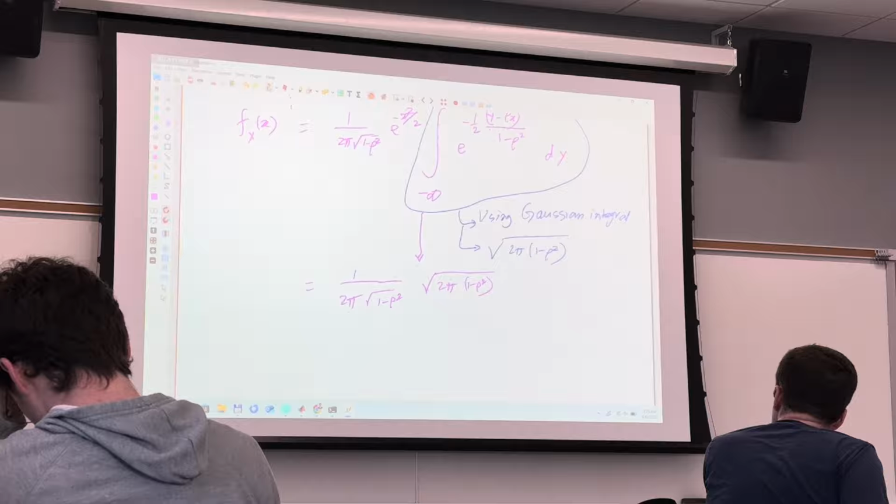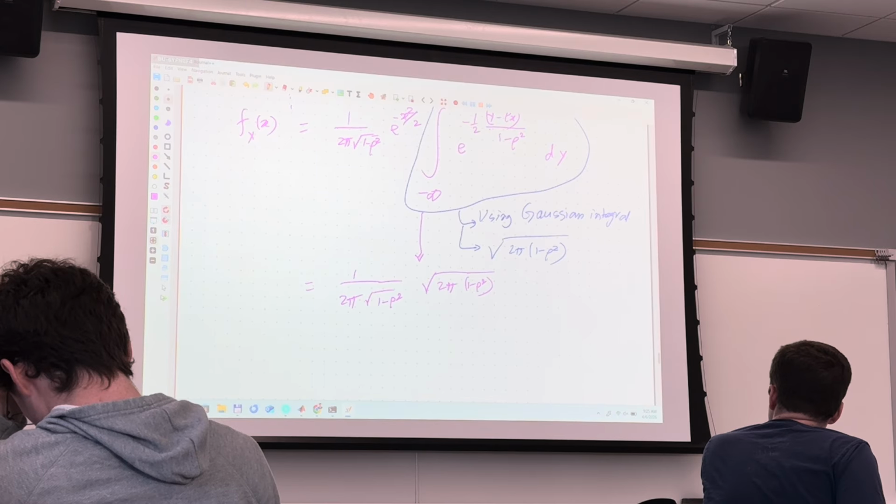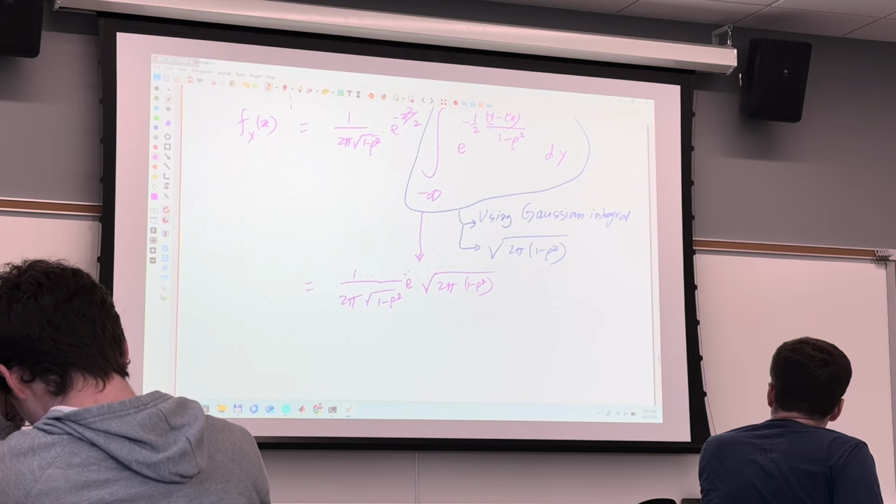Here I missed one term, which is e to the negative x squared over 2.